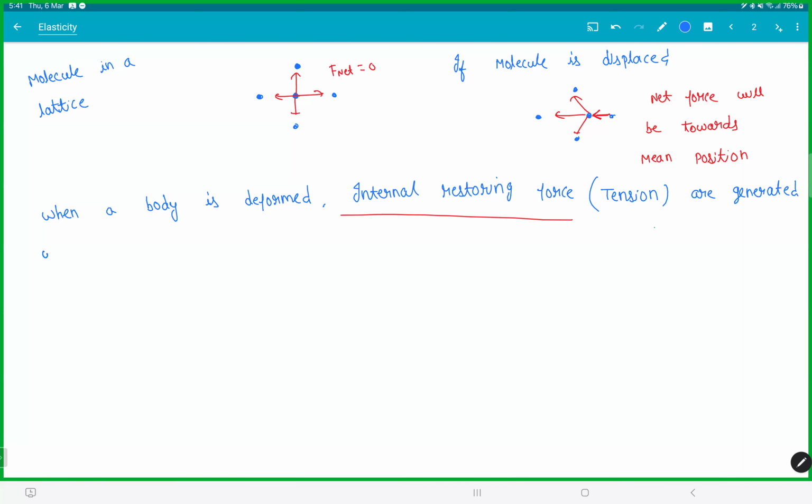Generated, which try to bring the body to the natural state.